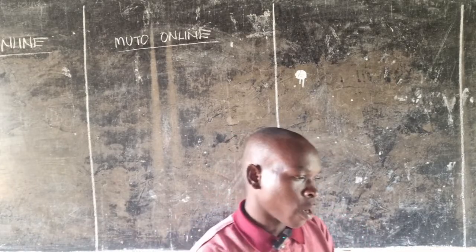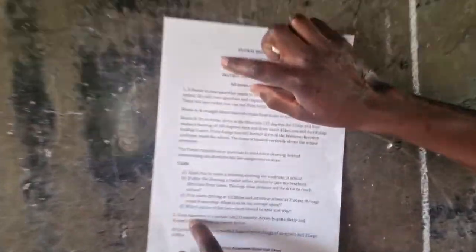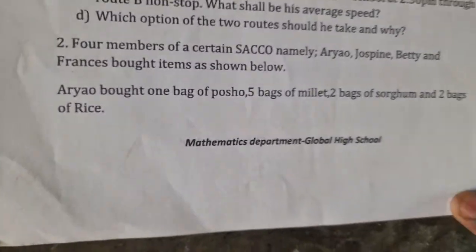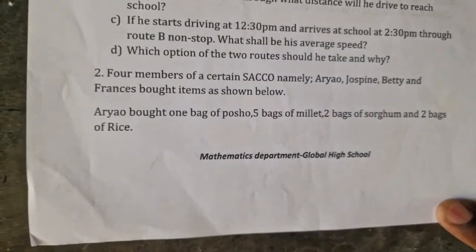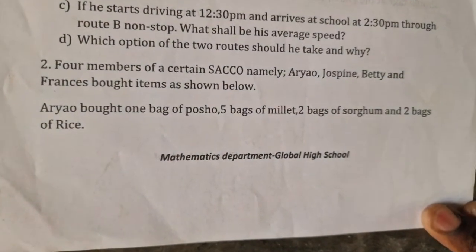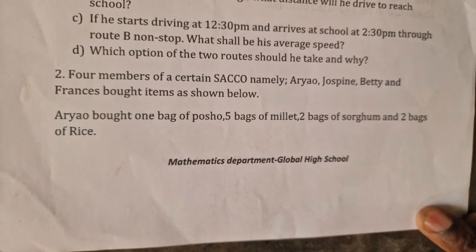So we have a question that says, four members of a certain circle, that is Arayo, Josephine, Betty, and Francis, bought items as shown below.